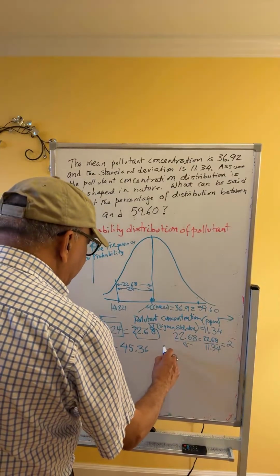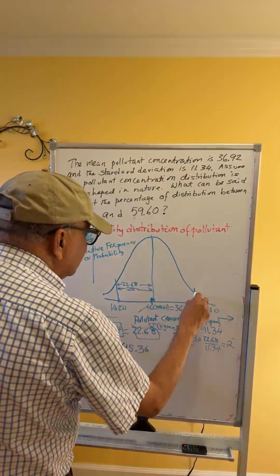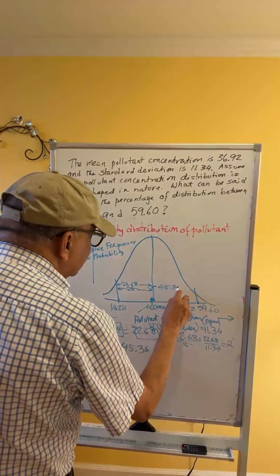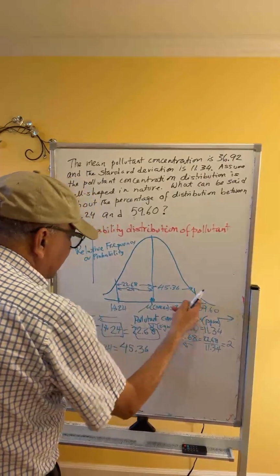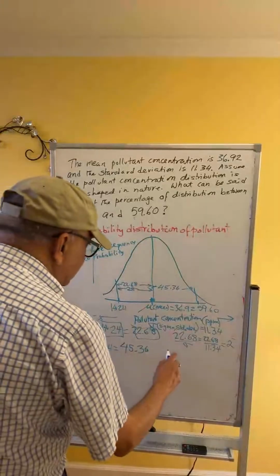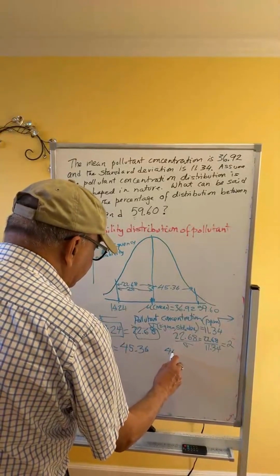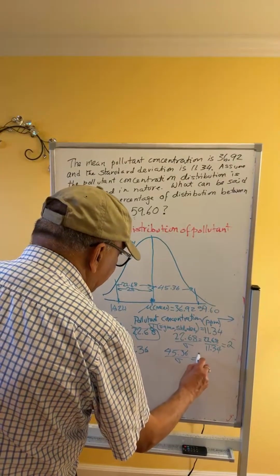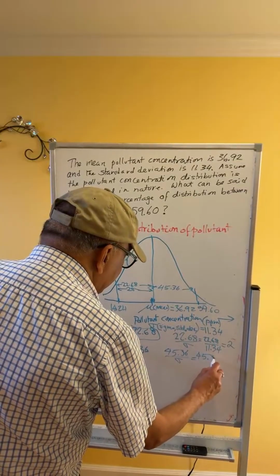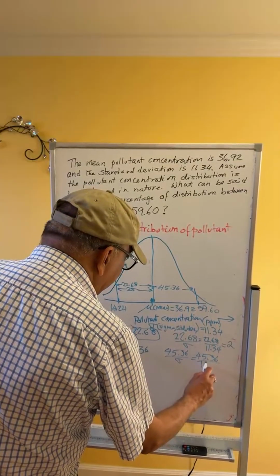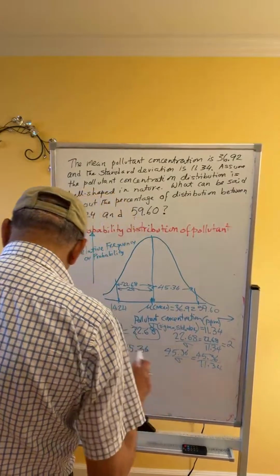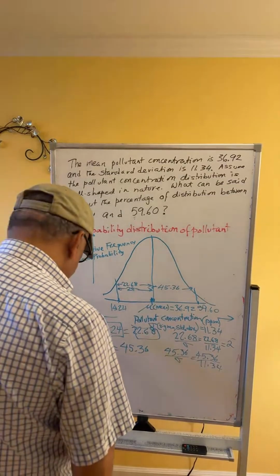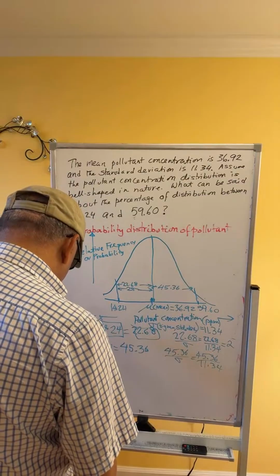Similarly, if I take this difference, 45.36, between 59.60 and 36.92, and divide it by sigma, that is 45.36 divided by 11.34.